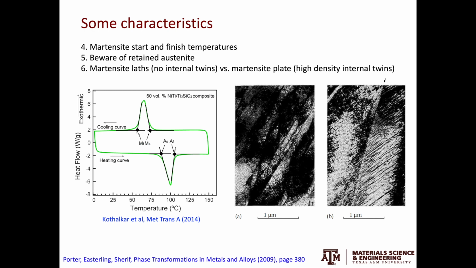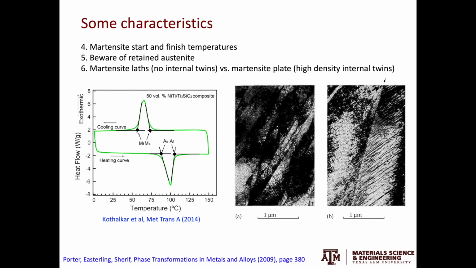There are two things I'd like to draw your attention to here. The first is, no matter whether it's from Martensite to austenite or from austenite to Martensite, the phase transformation happens over a range of temperature. There's no one single temperature that drives all Martensite into austenite or austenite into Martensite.